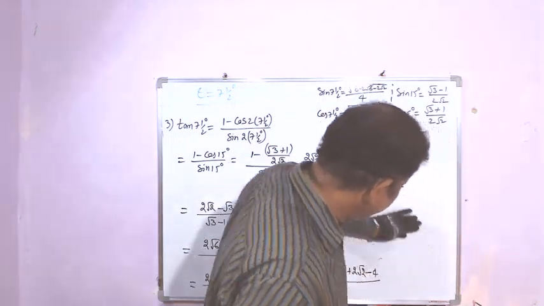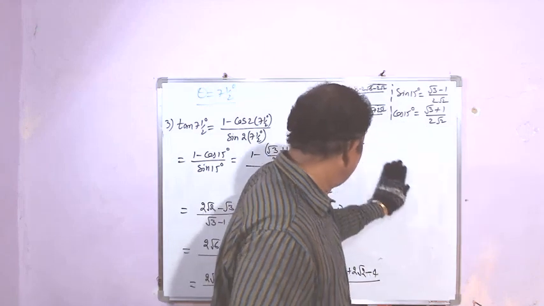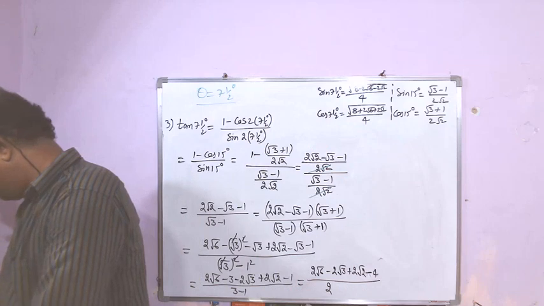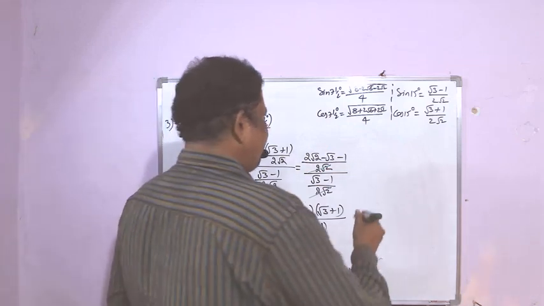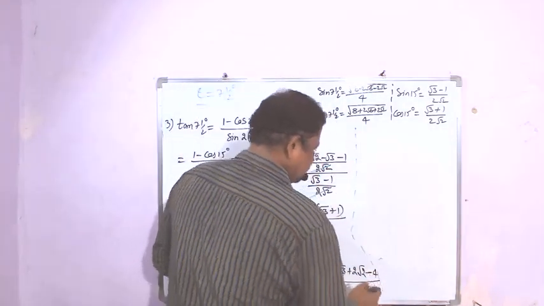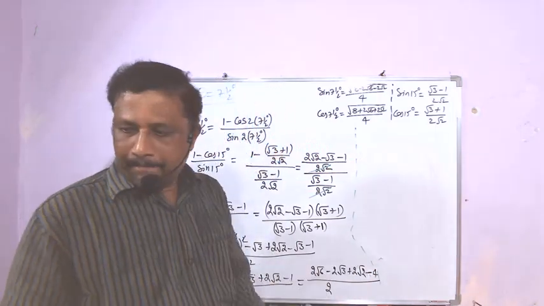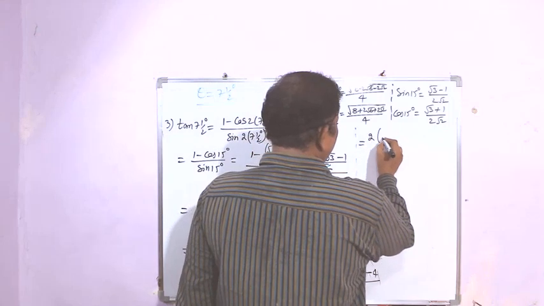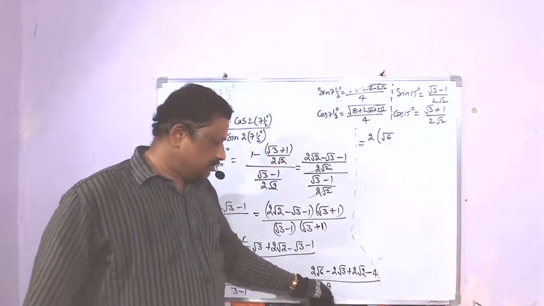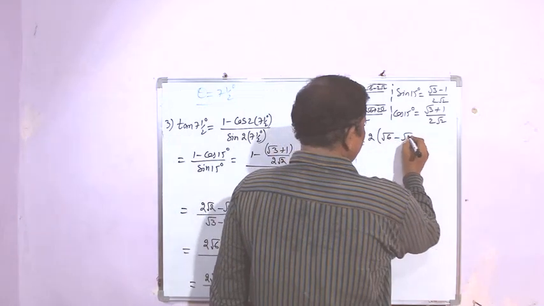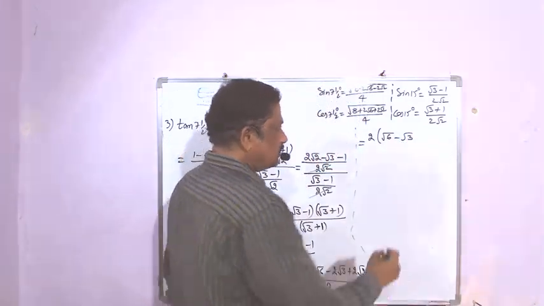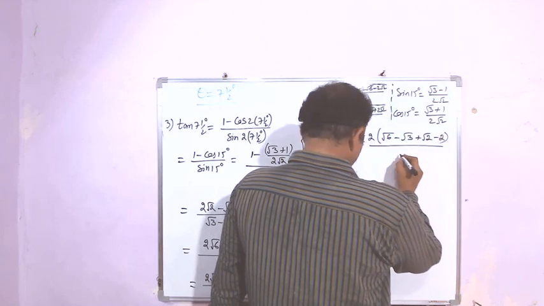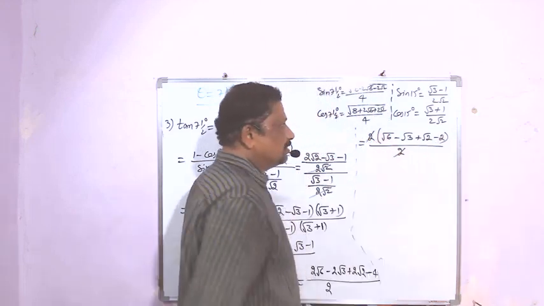What is common in numerator? 2 is common. If you take out 2 common from numerator, what is left behind? Root 6 minus root 3 plus root 2 minus 2, divided by 2 gets cancelled.